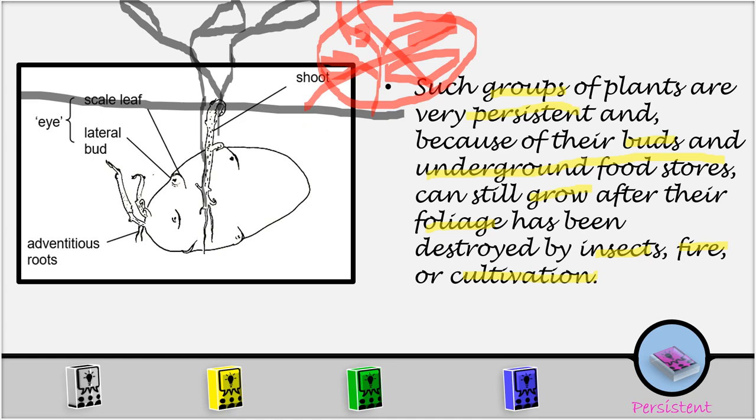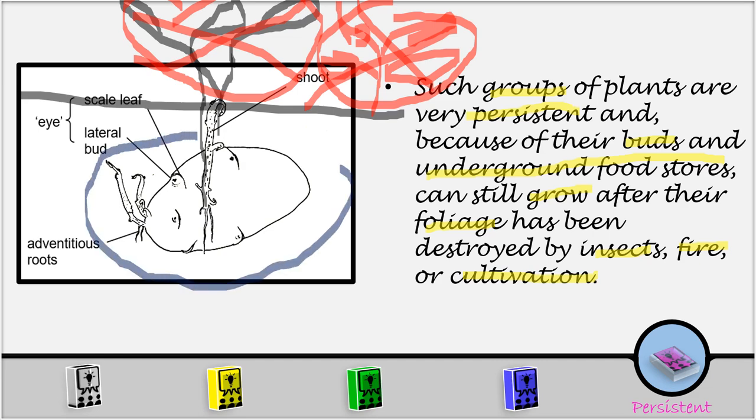But if we look at ours, if this upper part is destroyed by fire, there is no problem. We still have food storage at the bottom, underground, which is not destroyed. And this food store has buds which are going to germinate and then develop into new foliage.